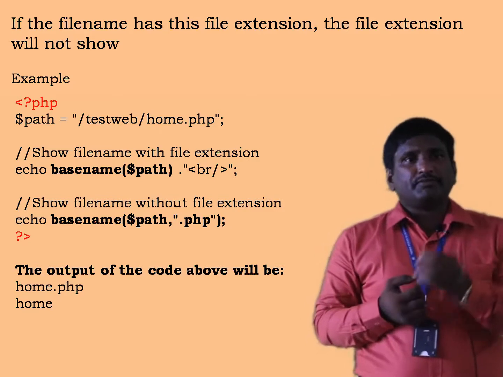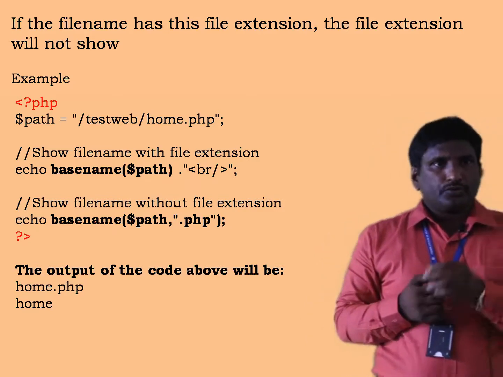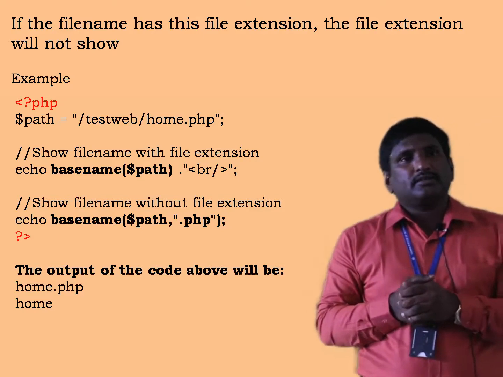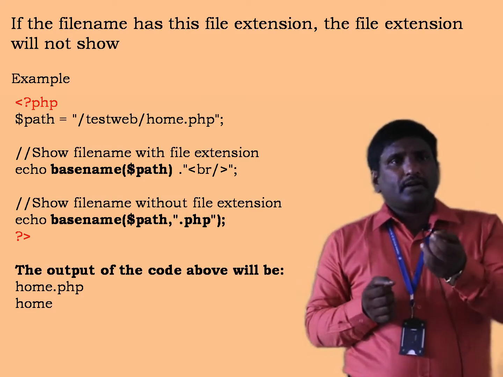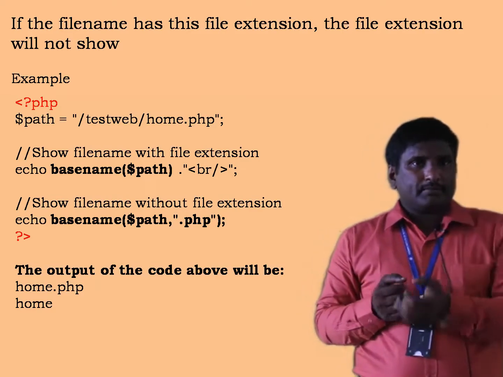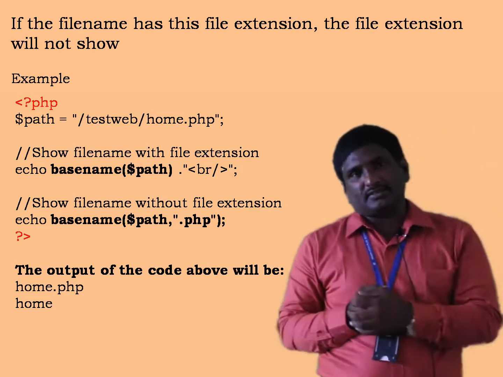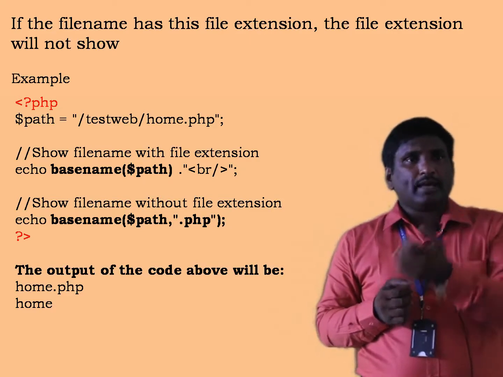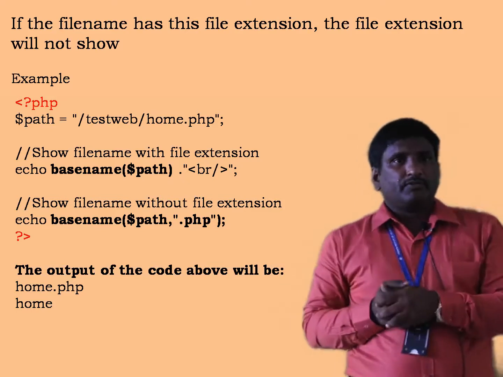In this example, if the file name has a file extension and you specify the suffix, the file extension will not show. Here I declared a path, that is /testweb/home.php. By using basename, if you display the path, it shows the file with its file extension, so we get the output home.php for the first line.